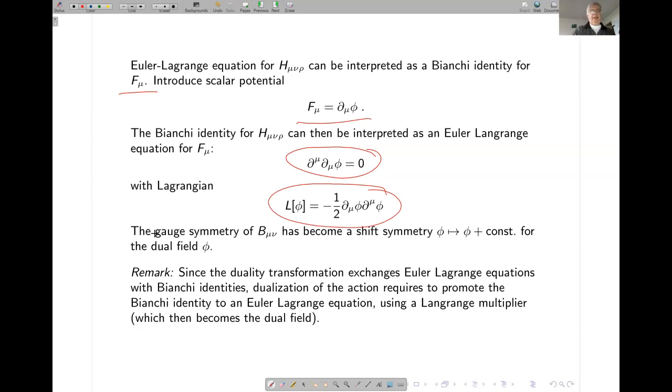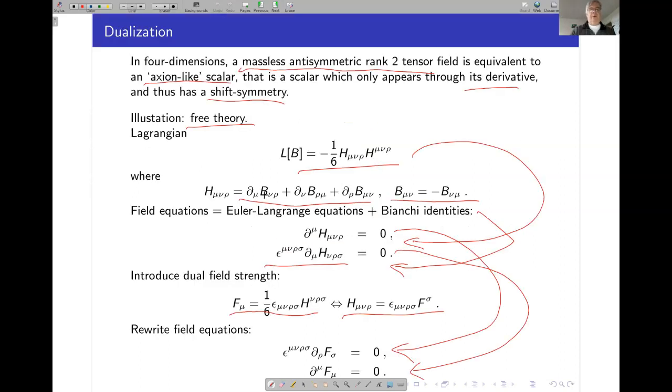What has happened to the gauge symmetry of the field B, which actually I think I didn't mention, but if you look at this formula, what you can do here, B mu nu, you can change it by the curl of a vector field.